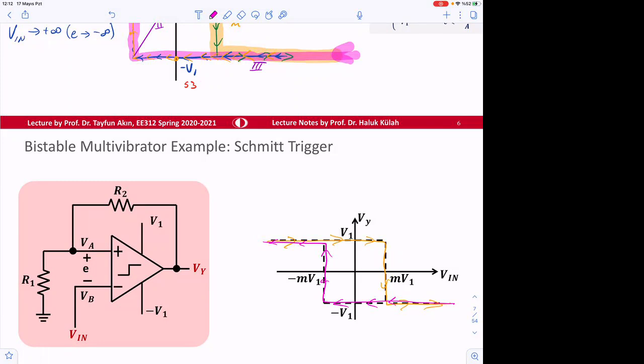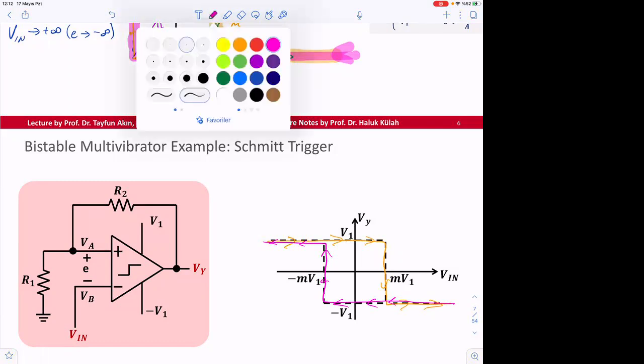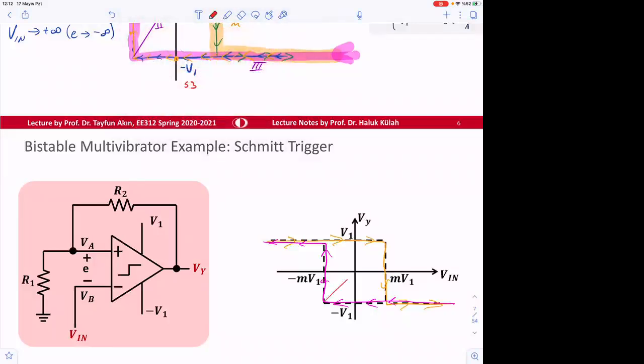Okay, so we won't be able to observe this one. So this case will not be observed, okay, for our case.